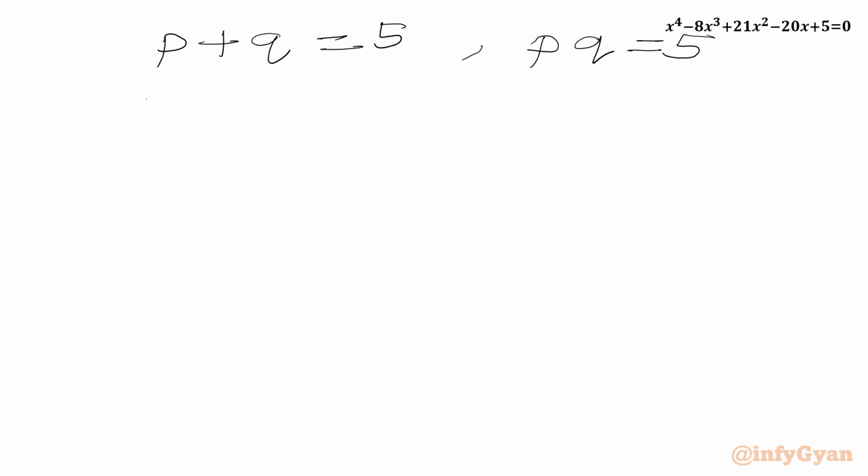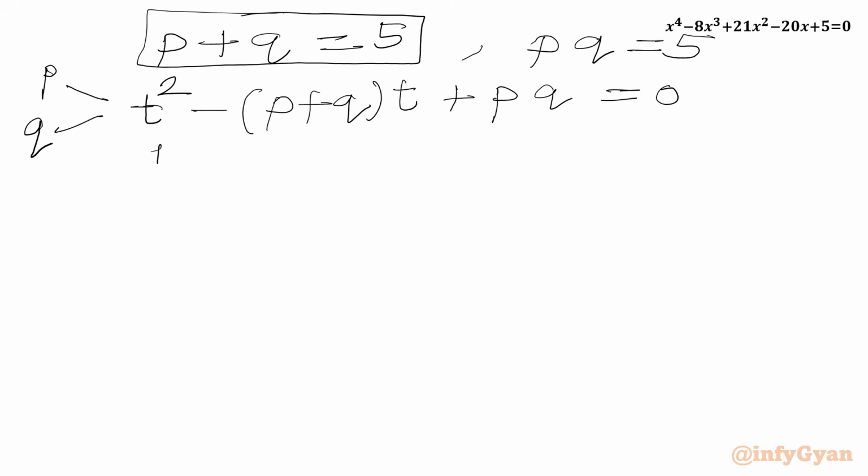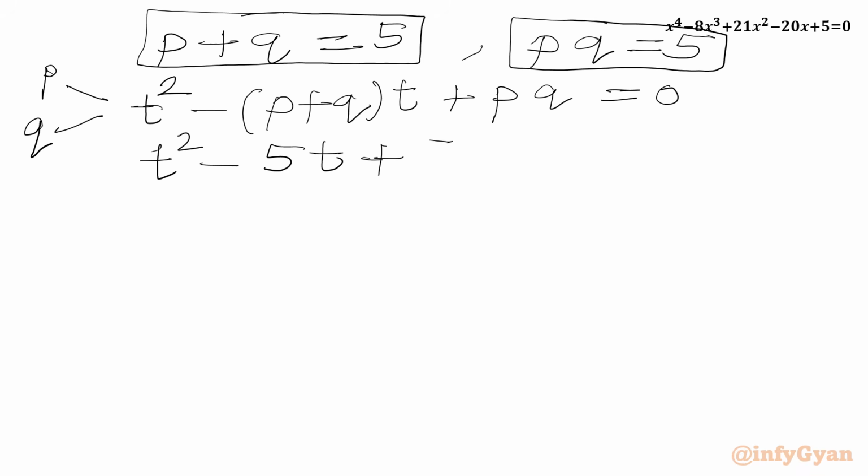So we can think about one quadratic equation in variable t whose roots are p and q. Then we can write the equation t square minus p plus q times t plus pq equal to 0. Now p plus q is 5, so we will write the equation t square minus 5t plus 5 equal to 0, since pq is also 5. The equation is quadratic.